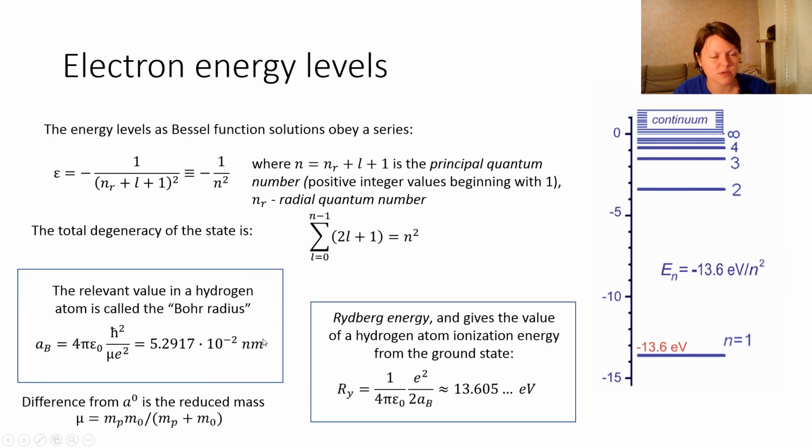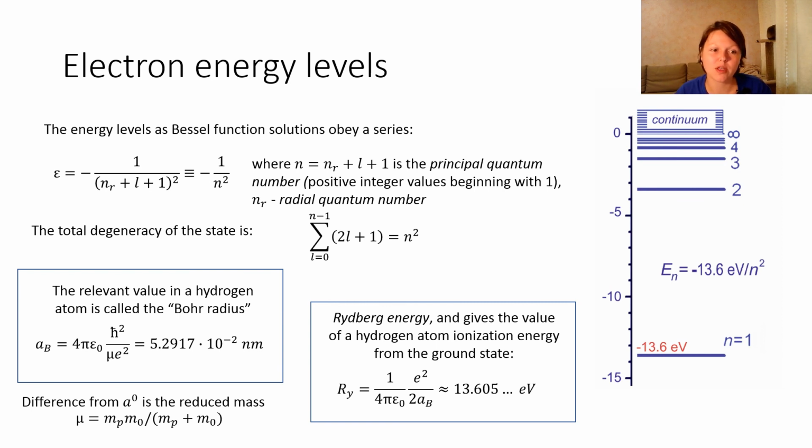What is the Bohr radius? We know that if we take the energy level with the quantum numbers, such as the principal quantum number equal to 1, to unity, and the orbital quantum number equal to 0, we will have the s orbital, which is the closest to the center of the atom, and the s orbital is the orbital where the probability of finding the electron is the biggest.